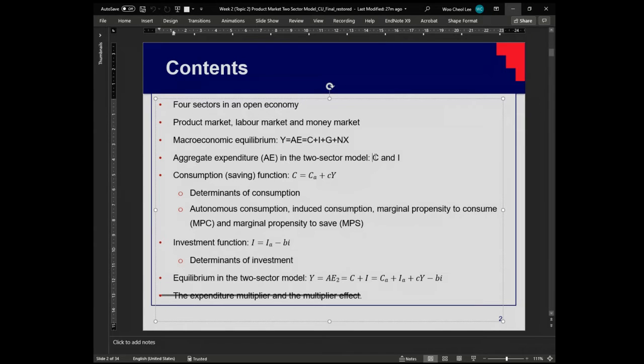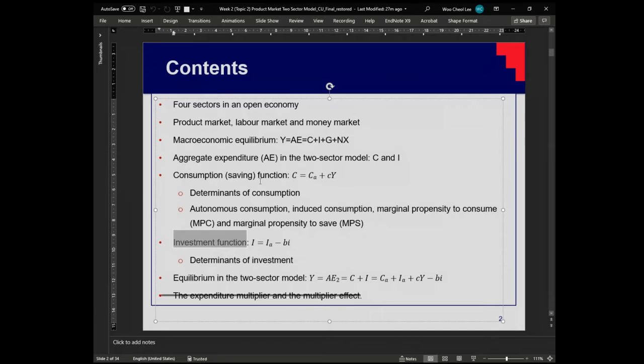As I said, we're going to focus on consumption and investment. I will tell you in detail what they are, step by step. When we talk about consumption, we're going to talk about the consumption function. When we talk about investment, we're going to talk about the investment function.